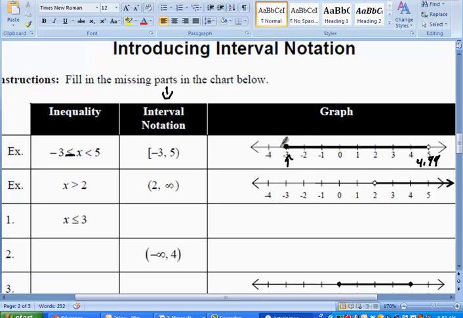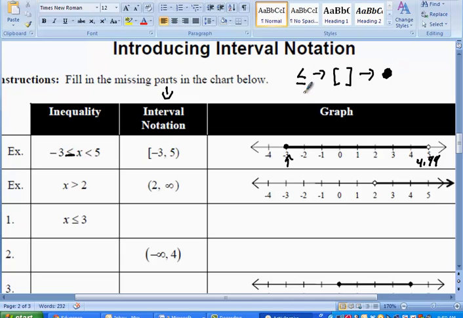So understanding those two, we look here and realize that the bracket is inclusive. In other words, we know that we equal the -3. So if I have a less than or equal to sign, it's the same thing as a bracket, and it's the same thing as a closed circle or a solid circle.